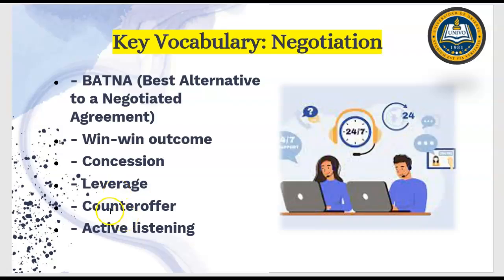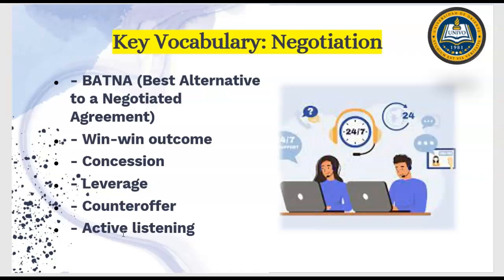And also we have counter offer. What is someone offering, and whether the thing that you are offering is the correct thing or not. And also active listening. It is important, guys.